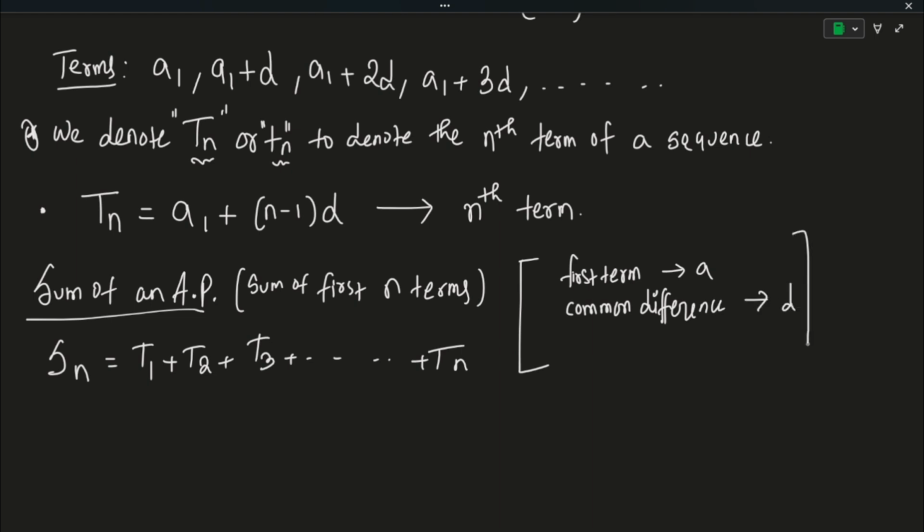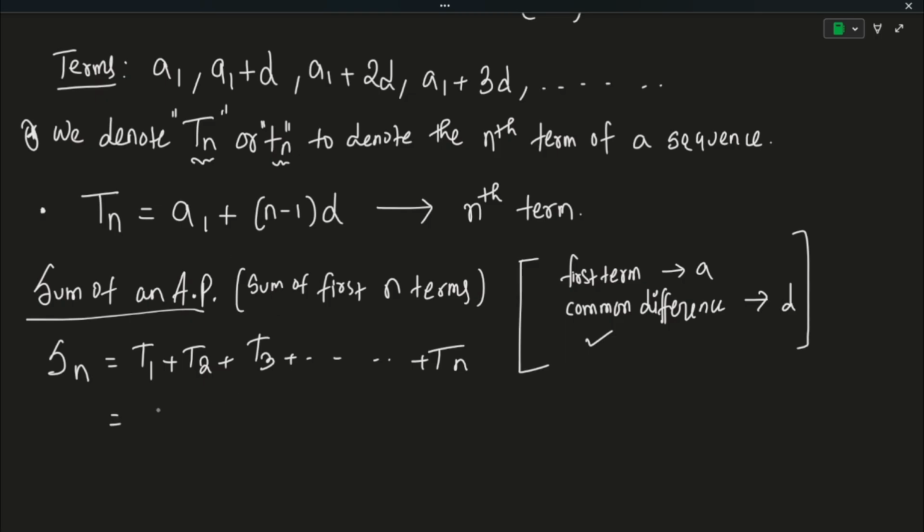If we know about these two things, we know about everything of the AP. और ये आपको समझने में दिक्कत नहीं होगी क्योंकि, you see, पहला टर्म जो है that is where the AP starts. और जब आपको D भी पता है, which means you know every other term, को पता है किसी भी पॉइंट पे कौन सा टर्म होगा. So you can find out the sum of an AP as well. You can find out what is the nth term. You can find almost everything, right, क्योंकि आपको सारे टर्म्स ही पता चल गए once you know first term and common difference. Okay, so from now on we will ensure that we know that the first term is A and the common difference is D for doing any formulas.